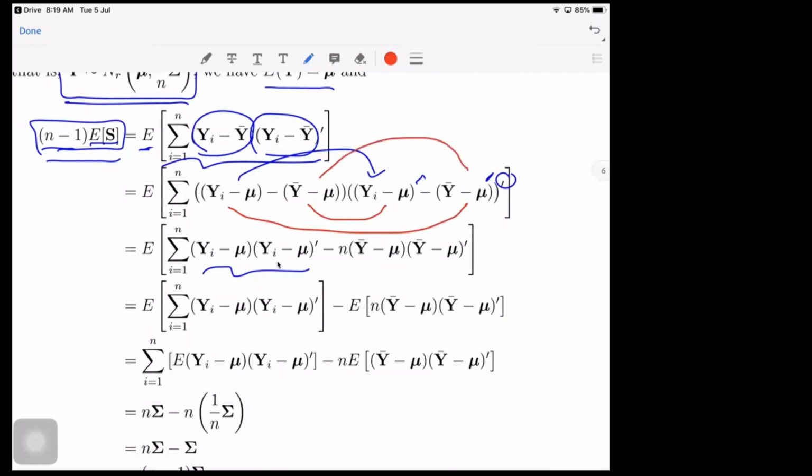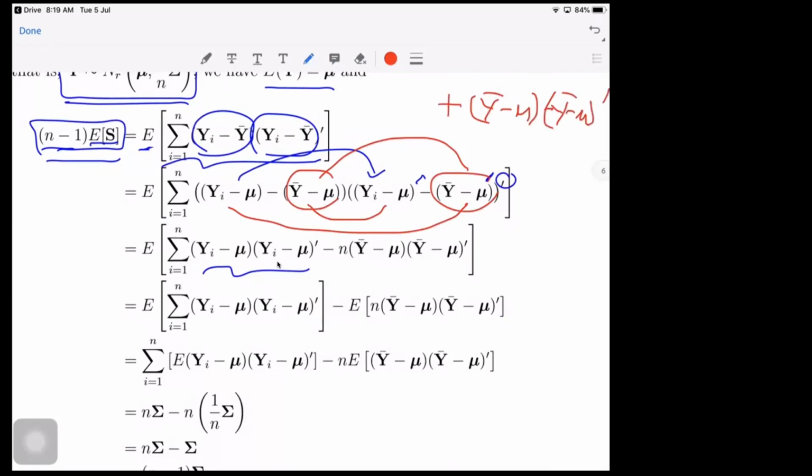The last term here will be y bar minus mu times y bar minus mu prime, and that will be plus.